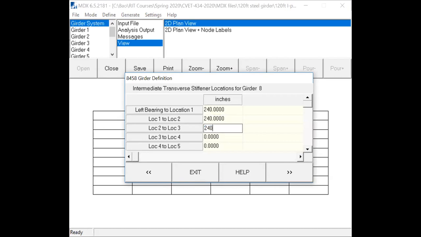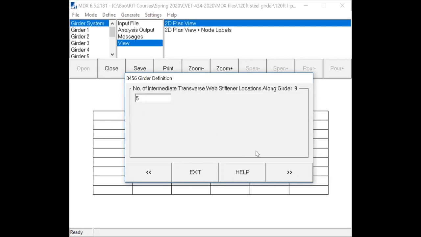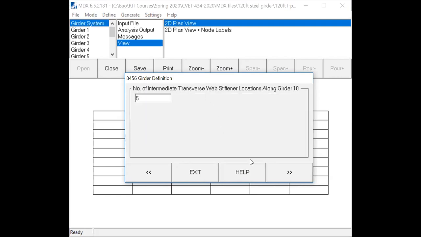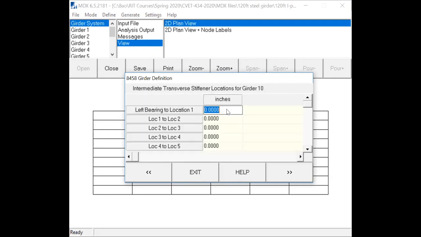So the stiffener spacing input is just repeat work. It's a little bit tedious. Okay, since we have 10 girders, we need to repeat 10 times. Now let this last one, girder 10.